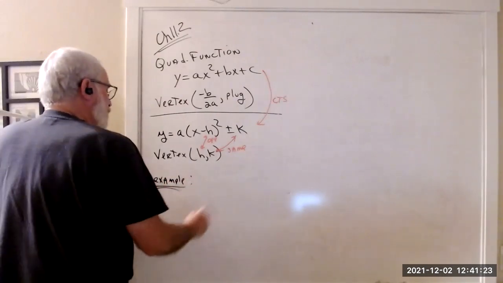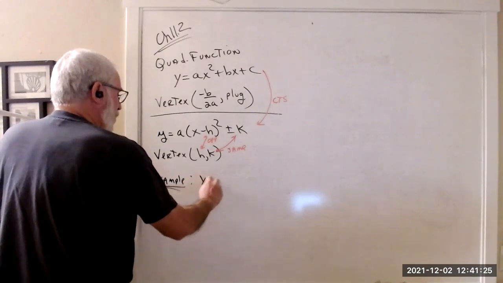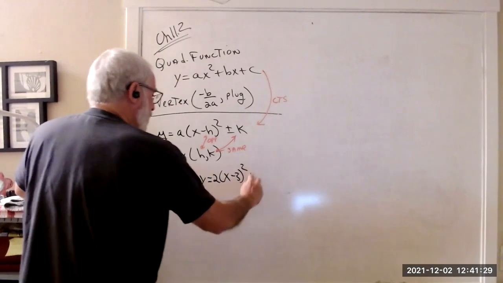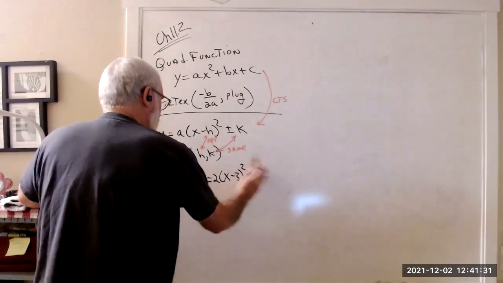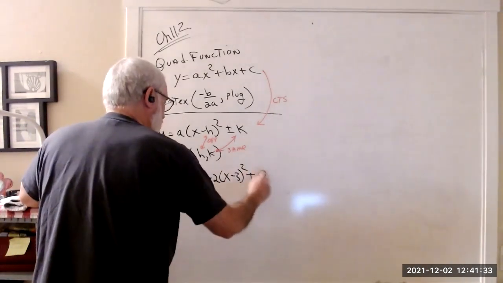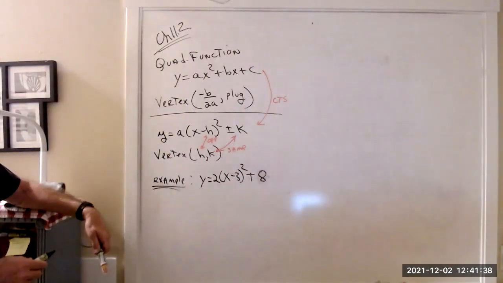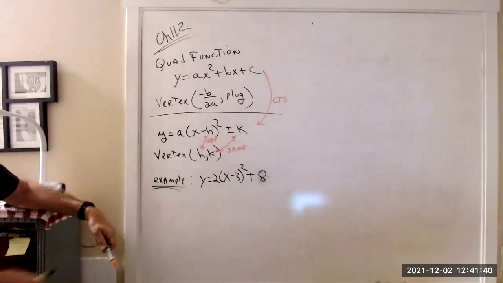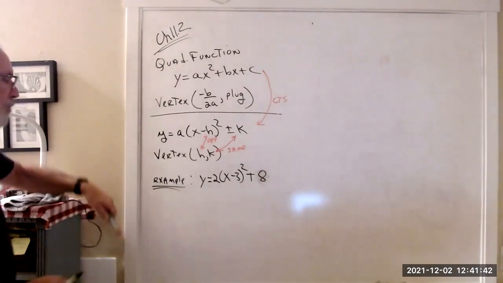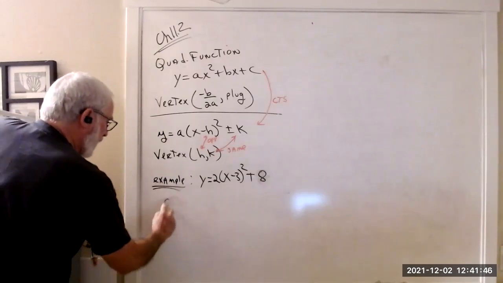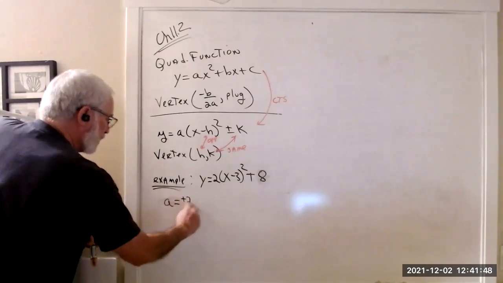Suppose I asked you to graph y equals 2(x minus 3) squared plus 8. I'm going to say 8 because I want to make it pretty. Suppose I said, graph that one. Well, let's start with a. a is +2.